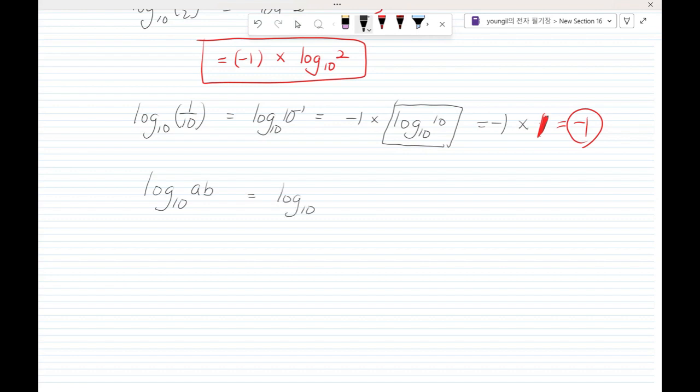It is log base 10 of A plus log base 10 of B. So the log of A times B can be split up, but there should be a plus.